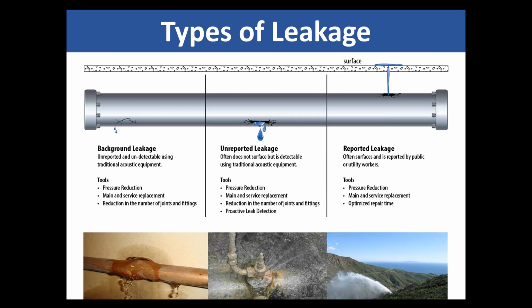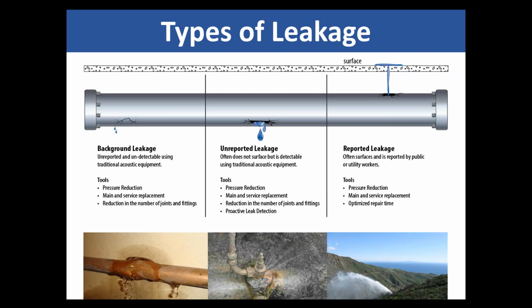The way we find leaks is through the sound that the leaks generate, right? Our system is pressurized, and once we have a compromise to our system, let's say a small pinhole, water flows out, and the energy from the pressurized water is dissipated and generates a sound. So when I'm listening to a service connection and there's a leak, I can actually hear that sound, right? That's how we find leaks. But those background leaks just don't generate enough sound. I mean, the dripping, you cannot pick that up. Our instrumentation is not refined enough to do that.